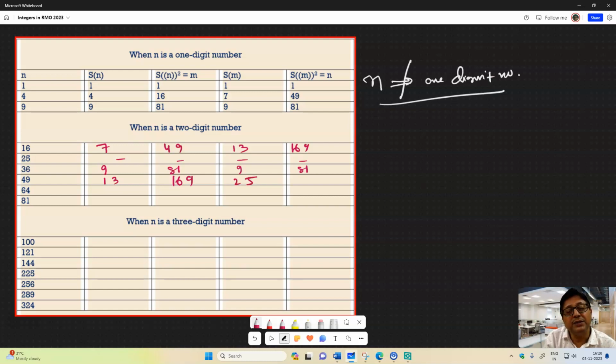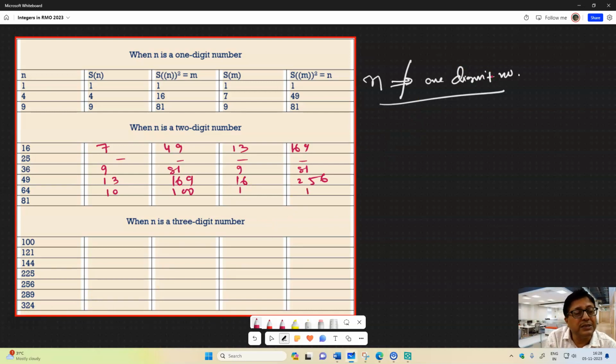No, it is not 16 square. It will be the sum of these, that is 16, and it is 256. Not possible. 64, sum of the digits 10, it is 100. This thing is 1, and its square also 1.